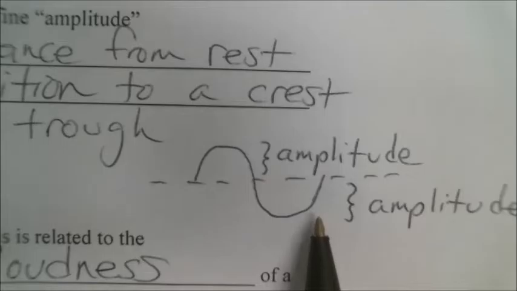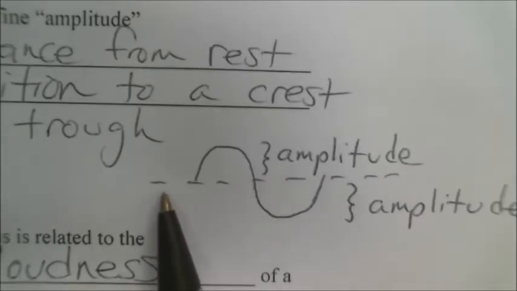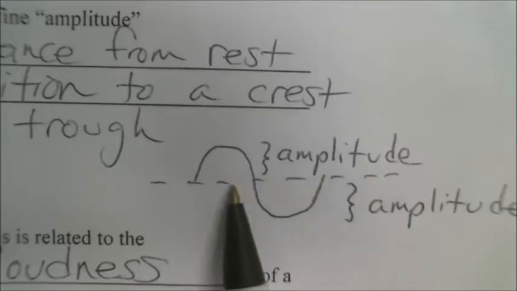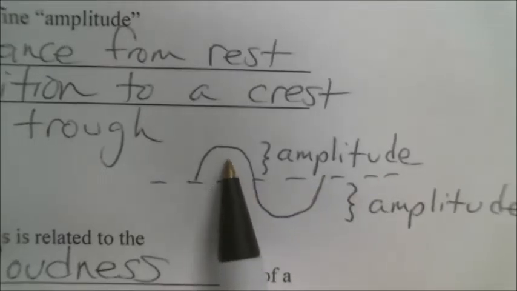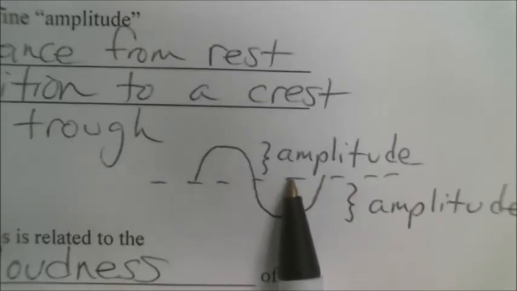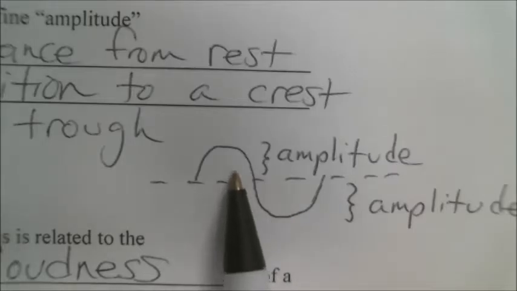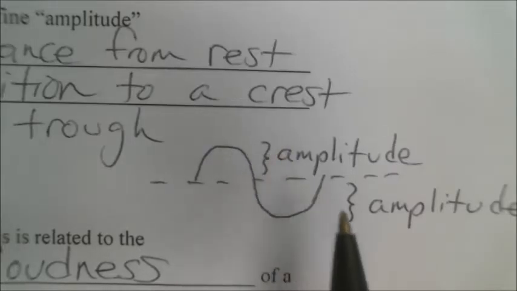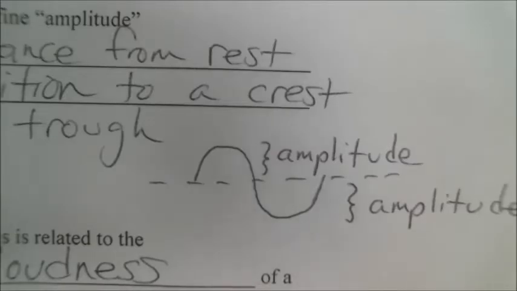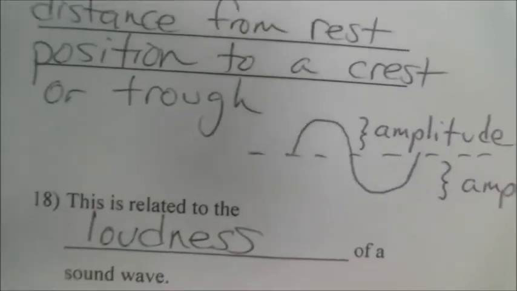If I draw the sound wave as a transverse wave, the amplitude is from the middle resting position up to the top of the crest, or it's from the middle position to the bottom of the trough. A lot of people draw the amplitude from the very bottom to the very top, and that's wrong. Don't do that. That's twice the amplitude.